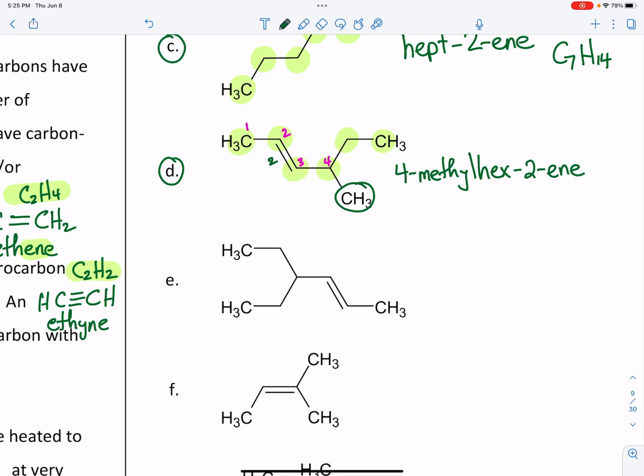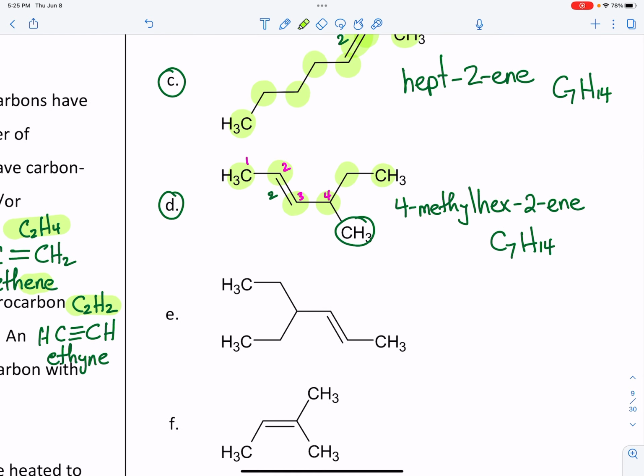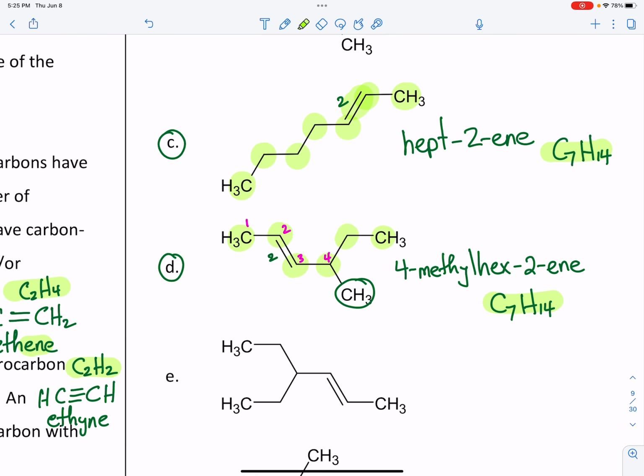What's its chemical formula? Well, hexene has 6 carbons. The methyl branch is an extra carbon, so C7, and then H14. Notice that this formula is the same as the last formula, but these two molecules were different. So these two different molecules would be referred to as structural isomers.